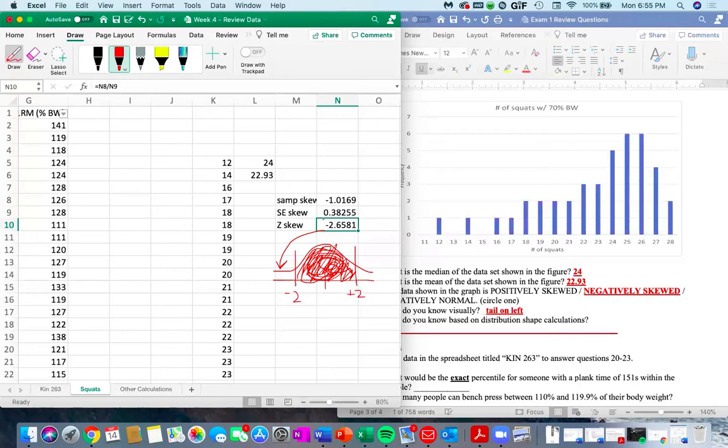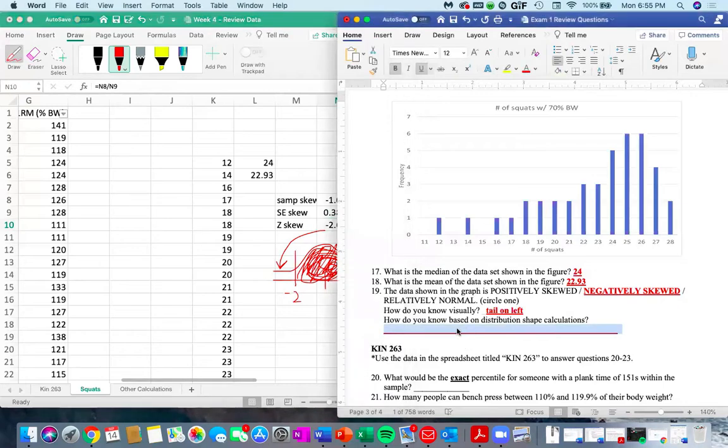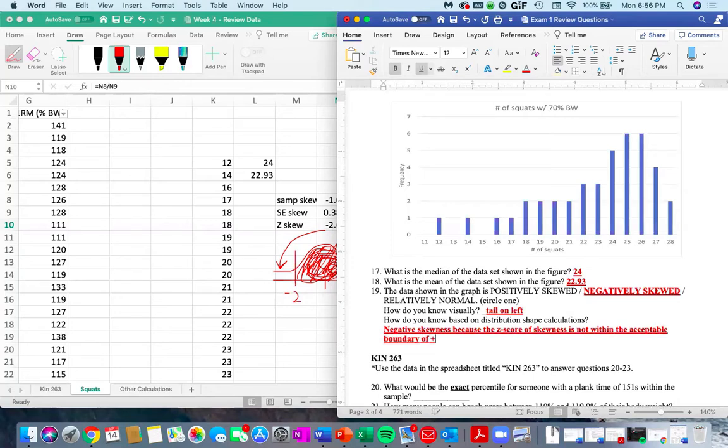But because our sample got a z-score of skewness outside of that boundary, on the negative side, we would say that we have negative skewness, because the z-score of skewness is not within the acceptable boundary of plus or -2.